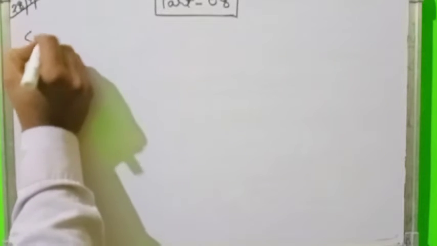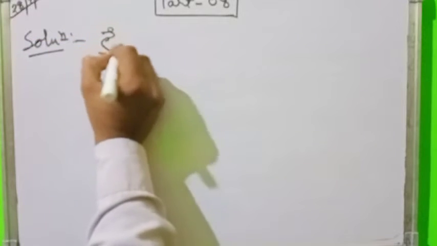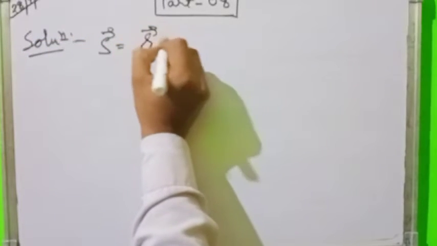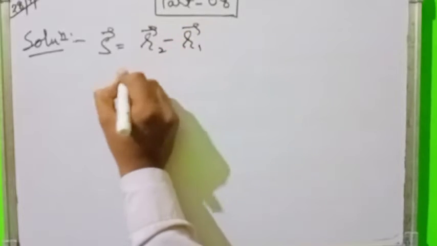The displacement S is equal to R2 vector minus R1 vector.